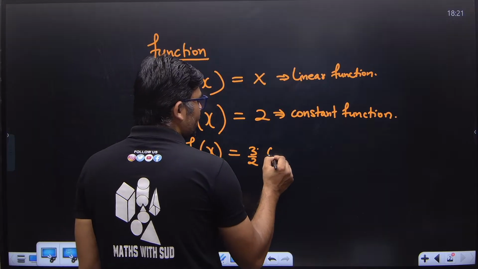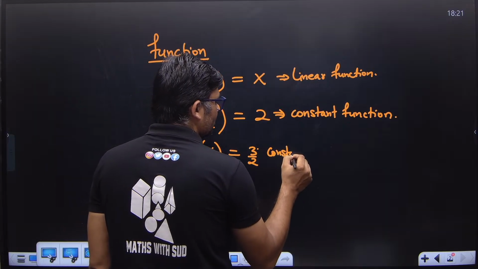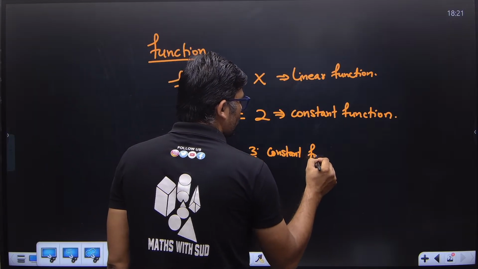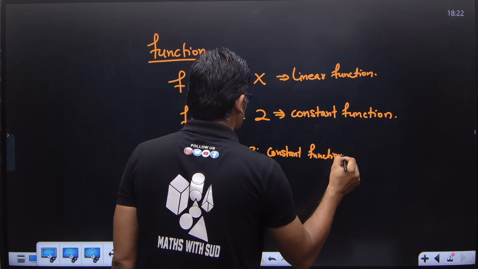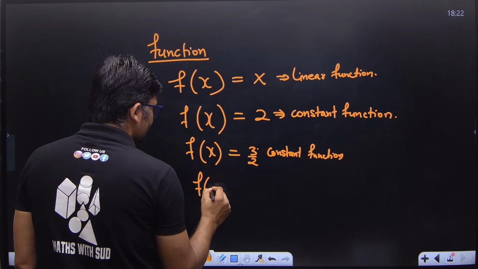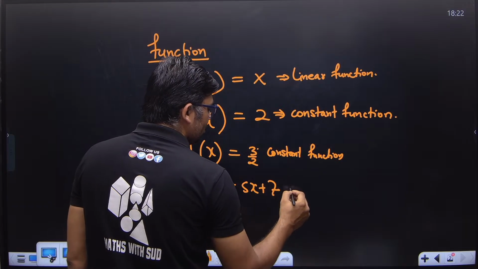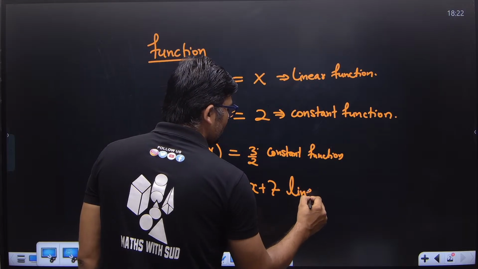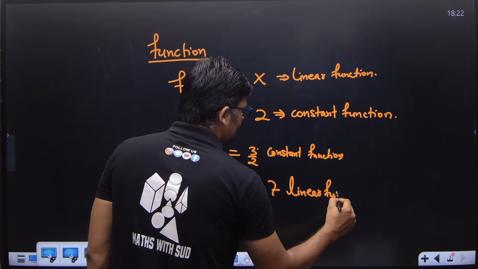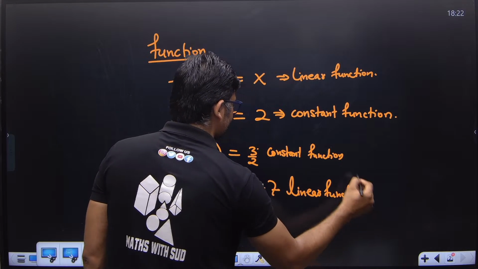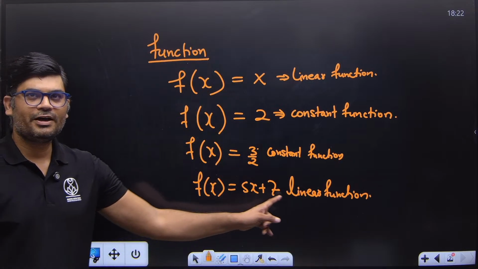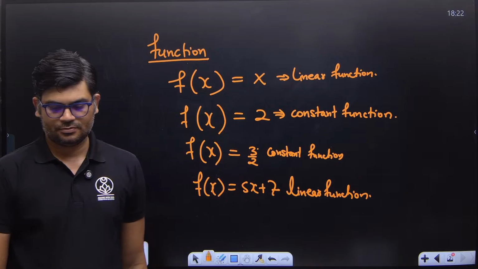This is a constant function. And f of x is equal to 5x plus 7, this is what kind of function? Linear function. 5x plus 7 is a linear function.